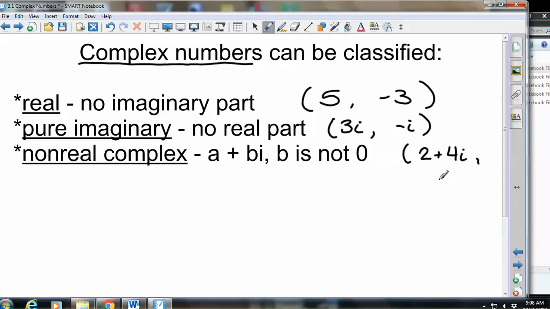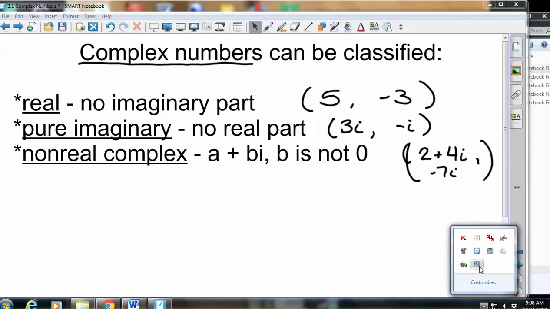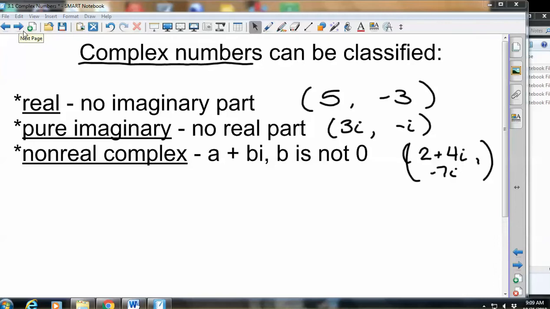So it would be possible for the real part to be 0 here. So if I said like -7i, that would still be considered a non-real complex number. It's also pure imaginary, but you can have more than one classification that applies. So some of them we might be able to have more than one term. You guys have these 3 definitions?